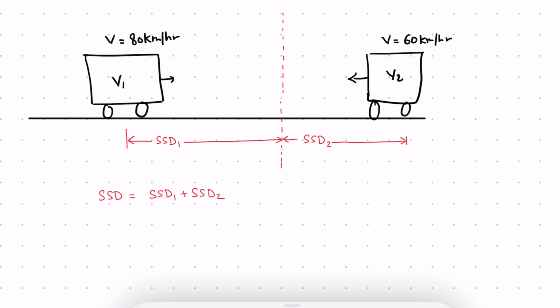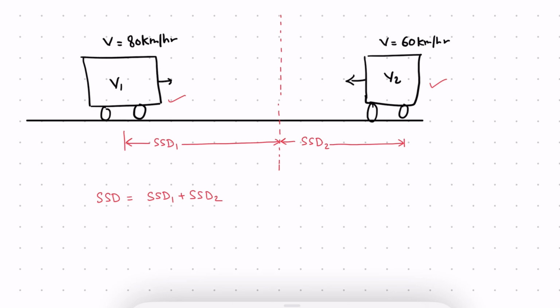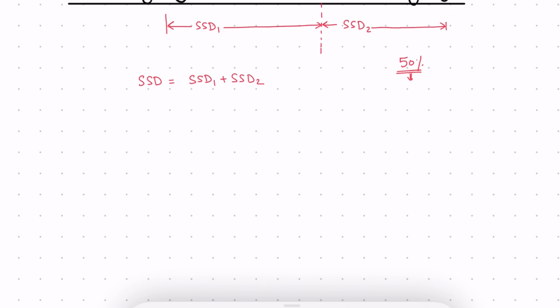I hope this is clear, because there will be lag distance and braking distance for V1 and also for V2. That is why the overall SSD will be the summation of both. The additional data given to us is that the braking efficiency is 50%. We'll discuss it as we move ahead with the question.